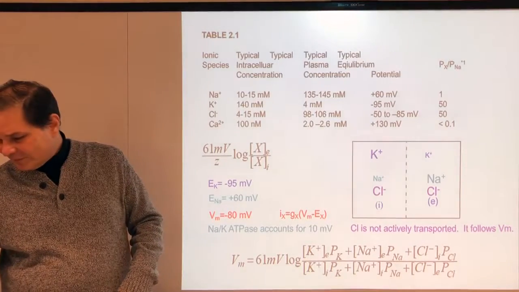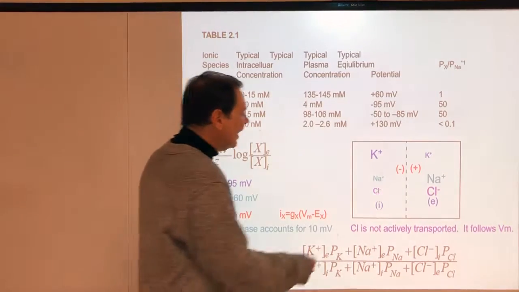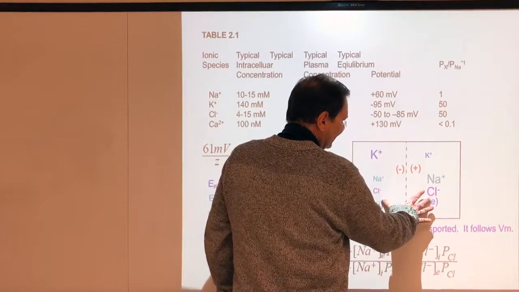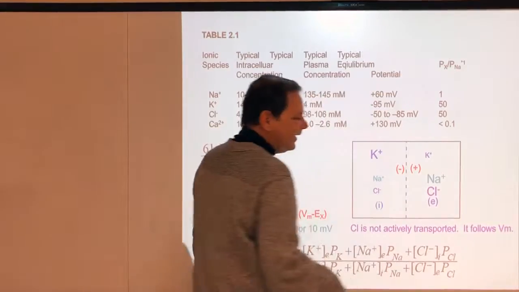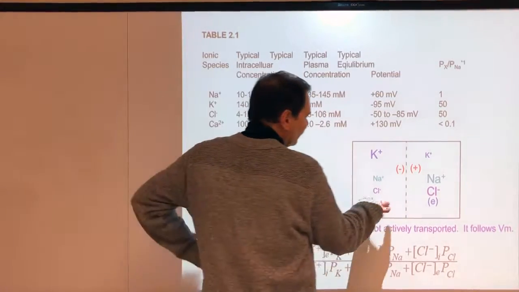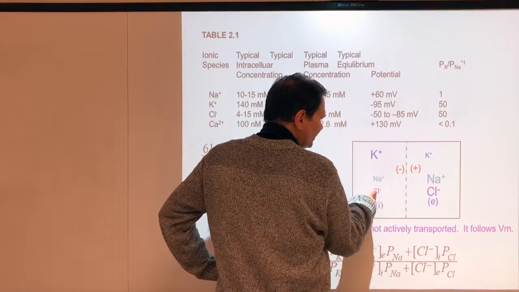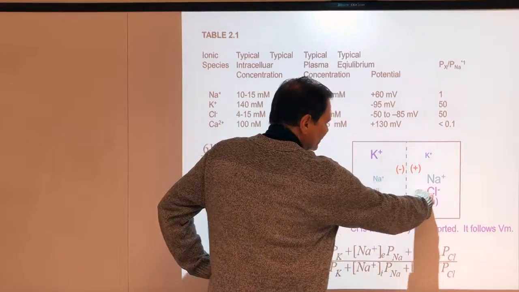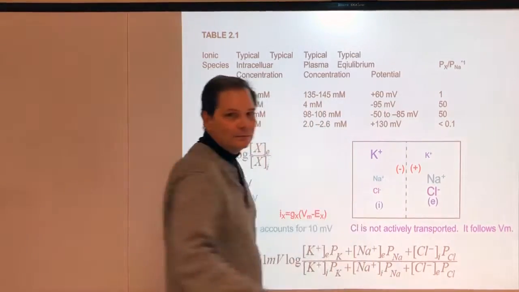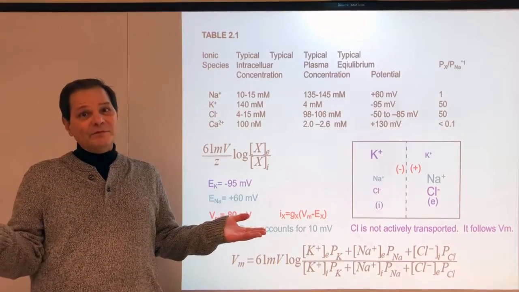My chloride concentration inside the cell drops until I've generated a gradient, so that my 2 forces are equal and opposite. I have an electrical force repelling chloride, shoving it out, negative charge here, and then I have a concentration gradient for chloride tending to make it want to re-enter the cell. When those 2 things are equal and opposite, chloride stops moving.